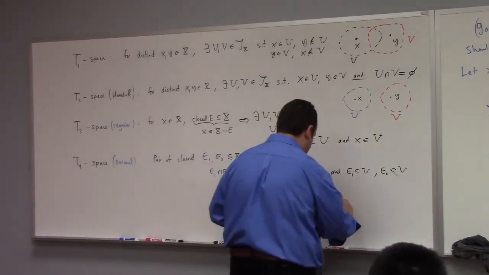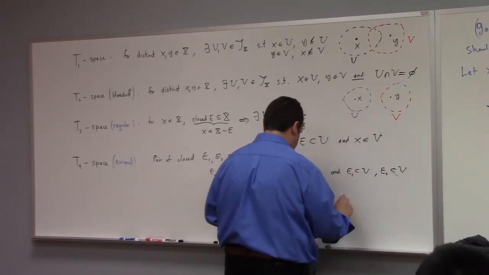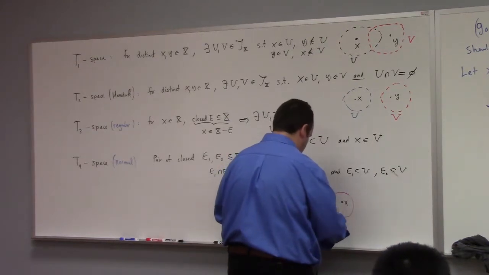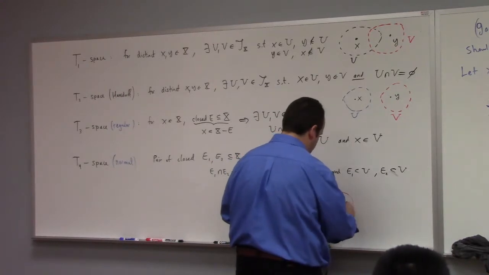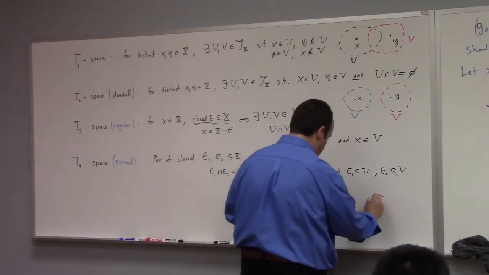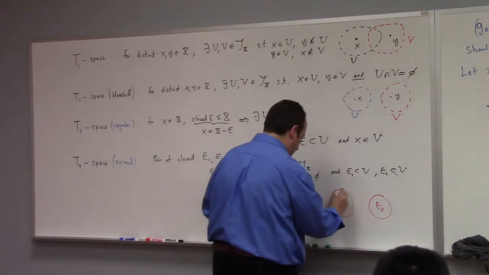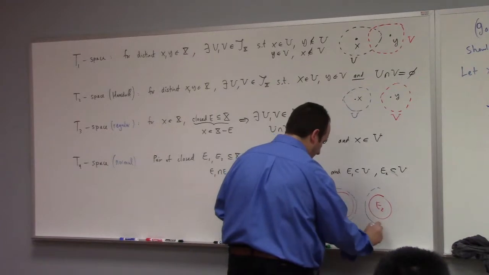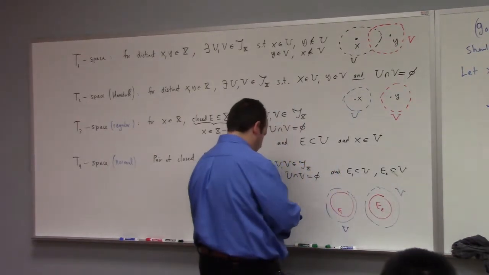Additional conditions for T4? Oh, there's no X and Y. What am I doing? So you're telling me that there are... Just a second here.